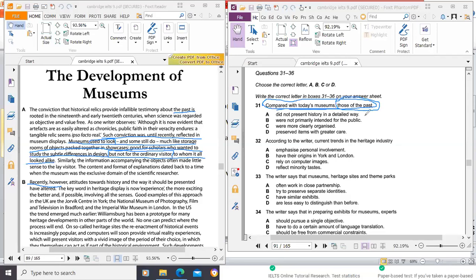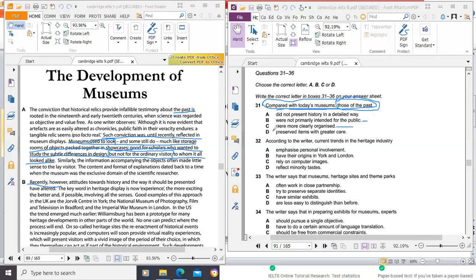Okay, so I'm coming here, I'm saying this looks like it. Were more clearly organized? Did they talk about much like storage rooms, objects packed together in showcases, good for scholars? Looks like they didn't talk about this, or it's the opposite of it in the past.